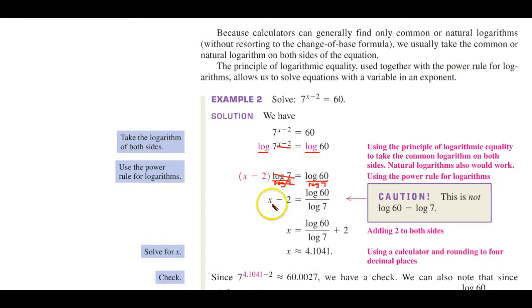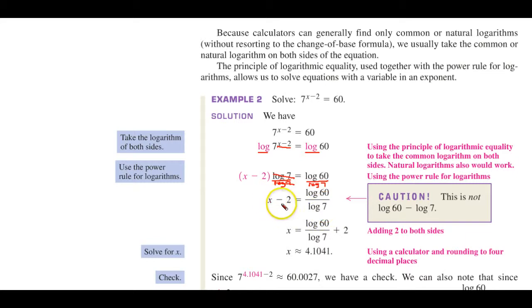So we're left with x minus 2, and then we have the division of logs. Now, caution, this is not this minus this. This is this divided by this. Okay. Again, you're going to have to use your calculator.